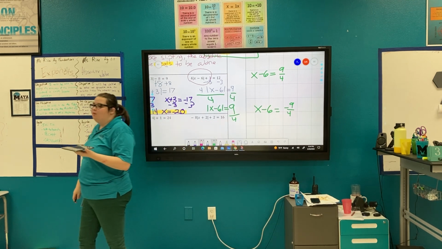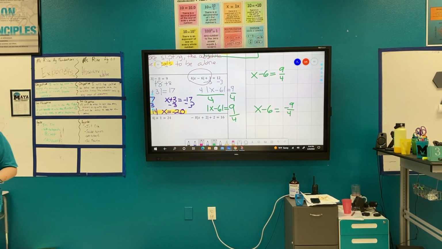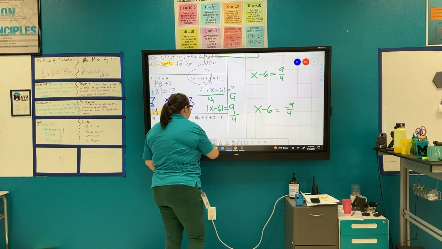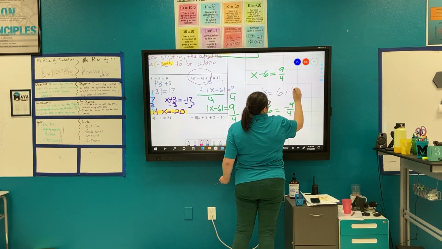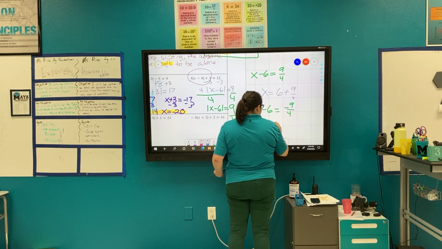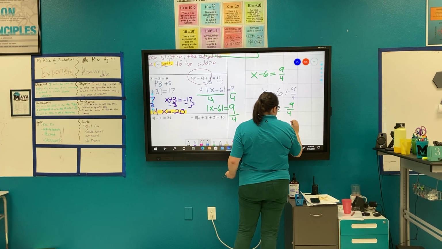So this is where I want you guys to get a calculator or decimals out. But for the time being, what I want you to focus on is knowing how to get to here, that you split it up correctly. So the answers for these would just be moving over a 6. So x equals 6 plus 9/4, and x equals 6 minus 9/4.